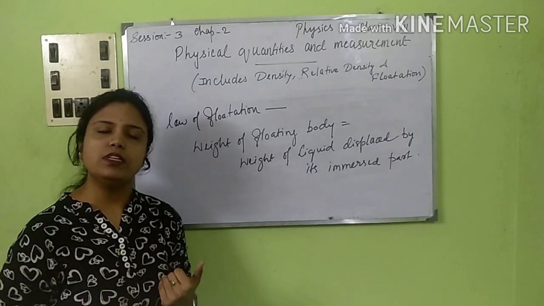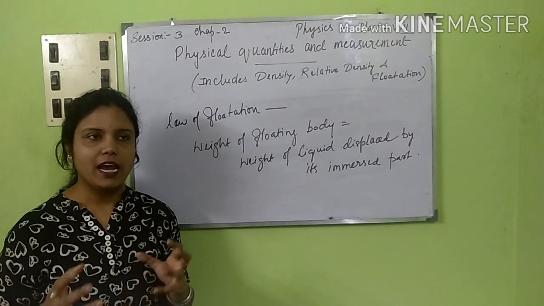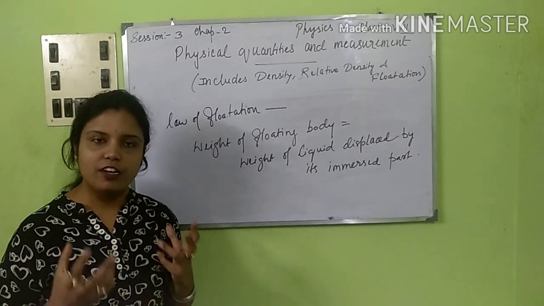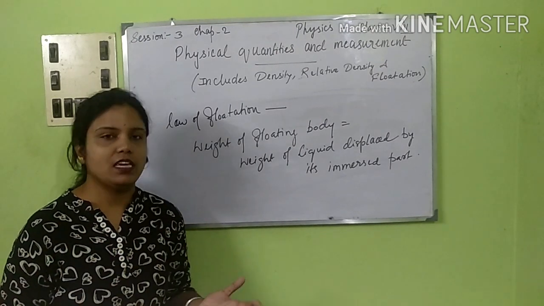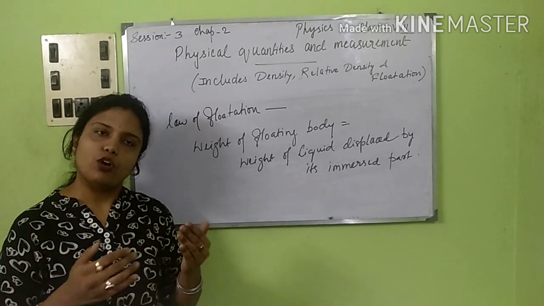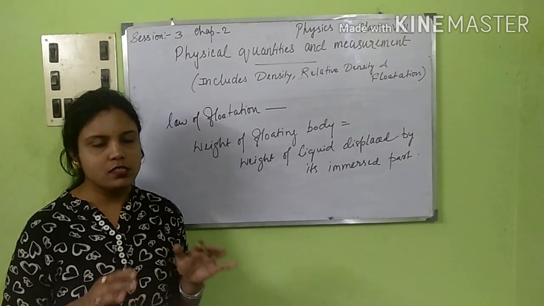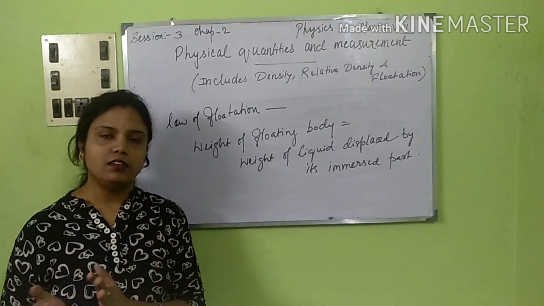So obviously it will sink down. But a ship made of iron has hollow space in between, filled with air. So its overall density is much less than that of sea water. In that case, obviously it will float. So this is the difference between the iron nail and the iron ship.